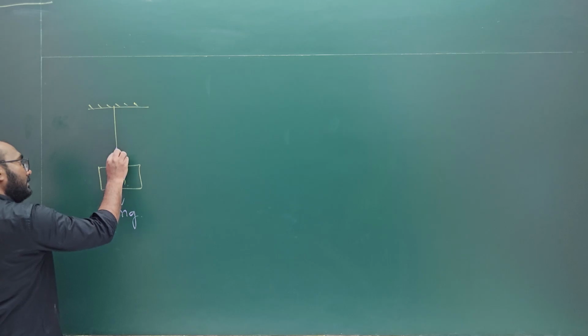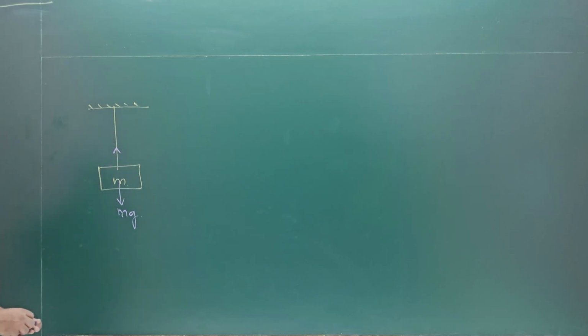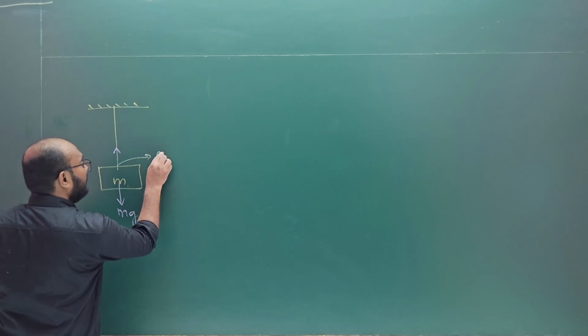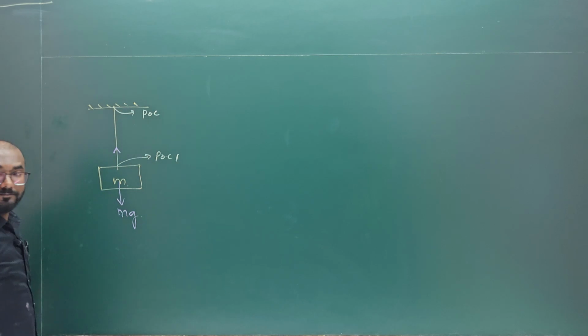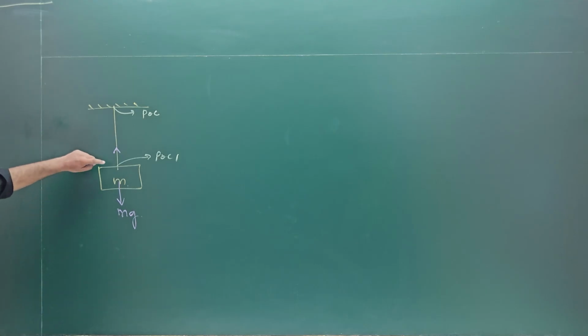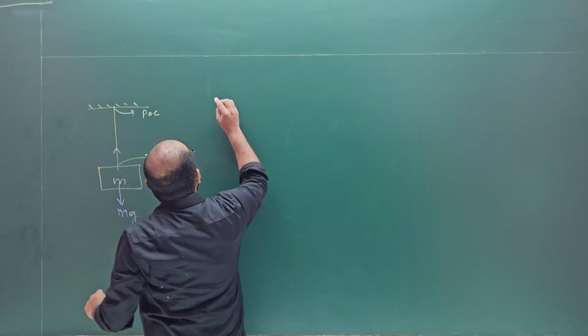Now how many points of contact are there on the string? Can I say two? This is the point of contact first, and this is your other point of contact. So the direction of tension is always away from the point of contact.